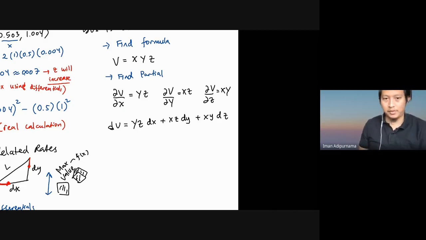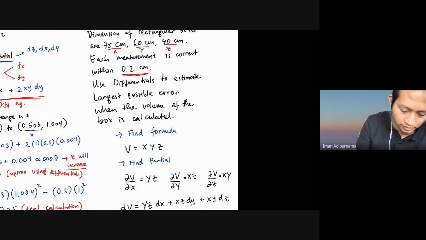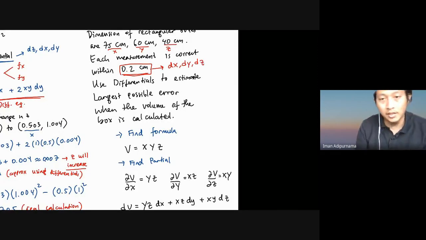Okay, plug in all the information, and we can use this error as our dx, dy, dc, because they are not giving you any information. Is there any difference in dx, dy, dc? If there's no difference, then we can assume all will be the same error, right?